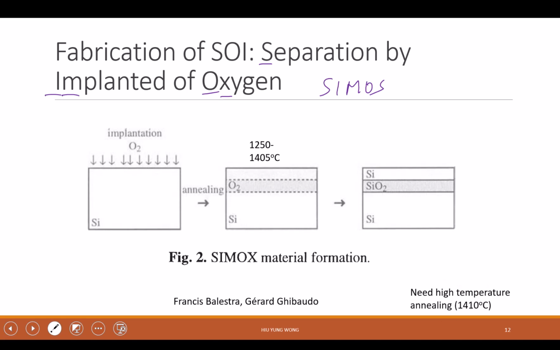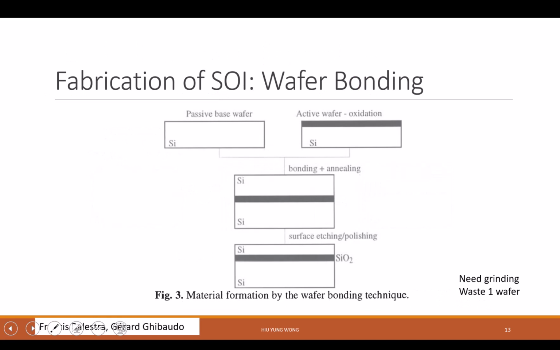But you need high temperature annealing. Might be expensive, right? Another one is using wafer bonding. You start with a silicon wafer, and then you just do regular oxidation. For those who know semiconductor fabrication well, you know that this is easy, right? All you need to do is put the silicon in the oxide ambient, then you get silicon dioxide on top.